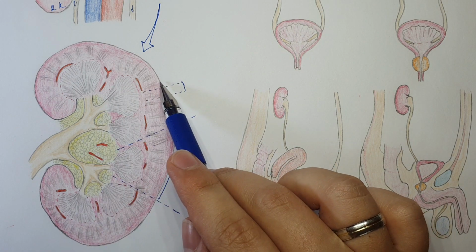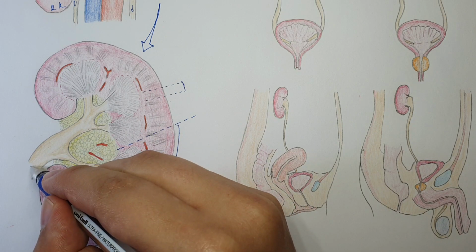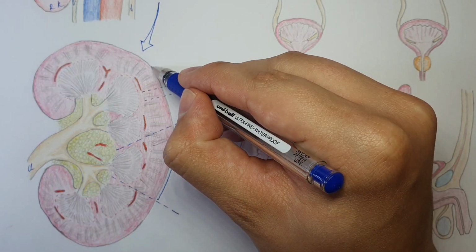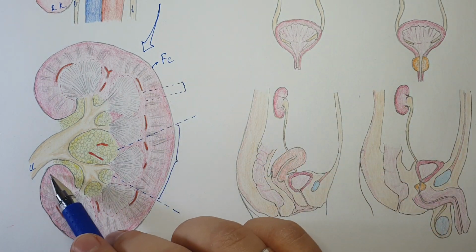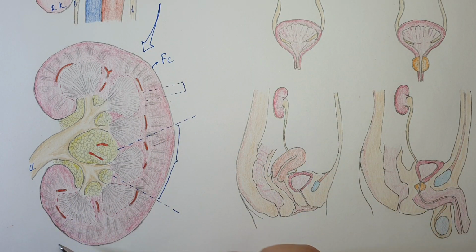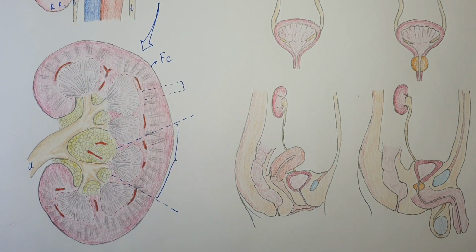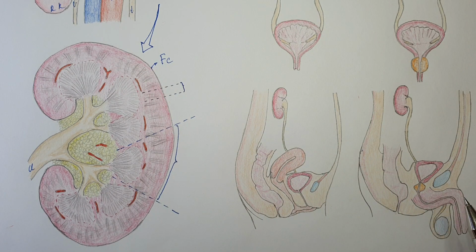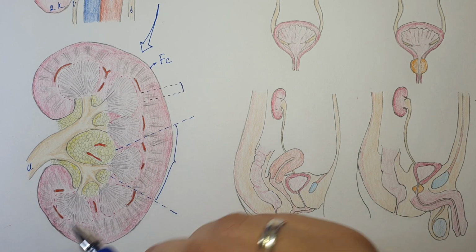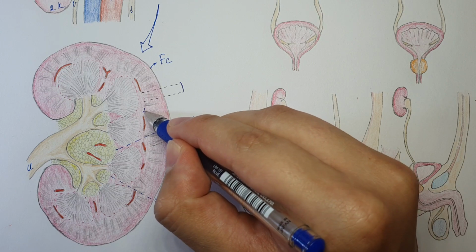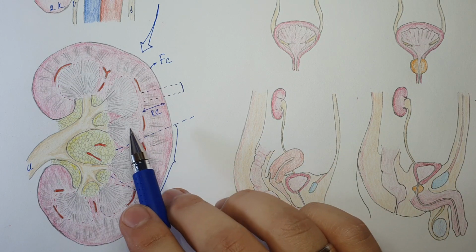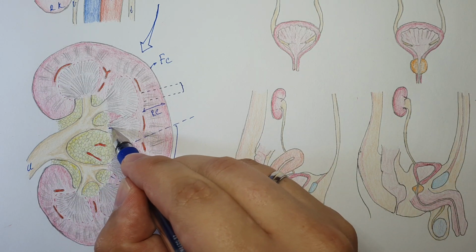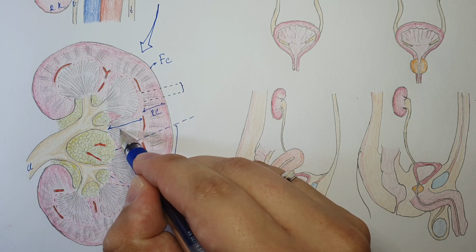So if we go from the capsule to the ureter, we have this fibrous capsule shielding the kidney, and the kidney has also a lot of adipose tissue around it, surrounding it for protection. Then the kidney has the cortex. So this would be the renal cortex, and this part would be the renal medulla.